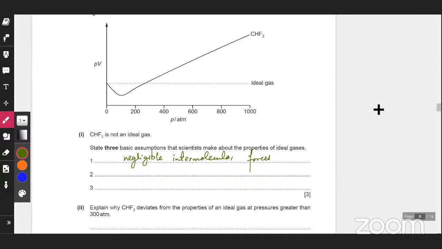Number two is that the particles have large gaps between them, and the way that is expressed is that the volume of the particles is negligible compared to the volume occupied by the gas.